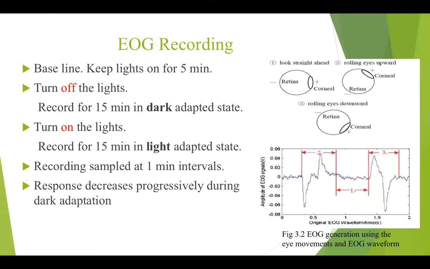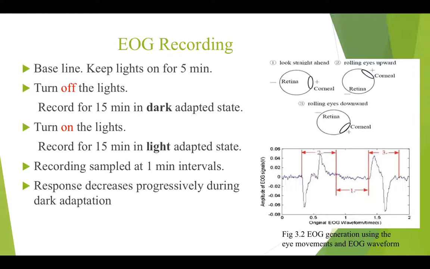In this figure, the top diagram shows the 3 types of eye movements, and the bottom figure shows the original EOG waveform. Positive or negative pulses will be generated when the eye is rolling upward or downward.